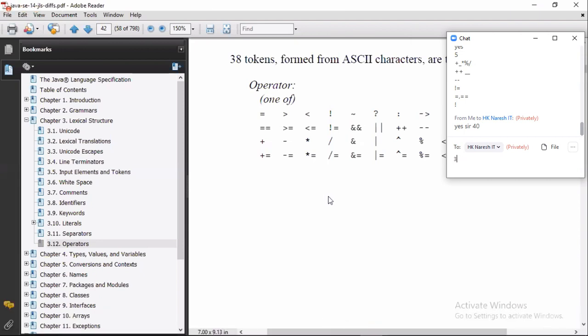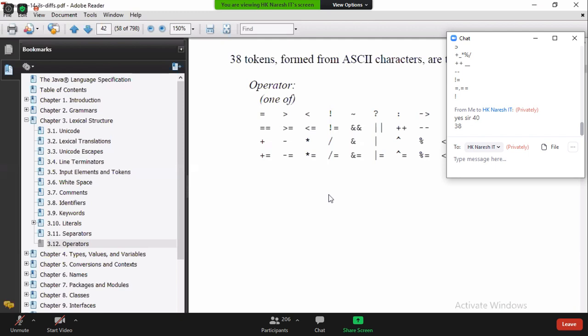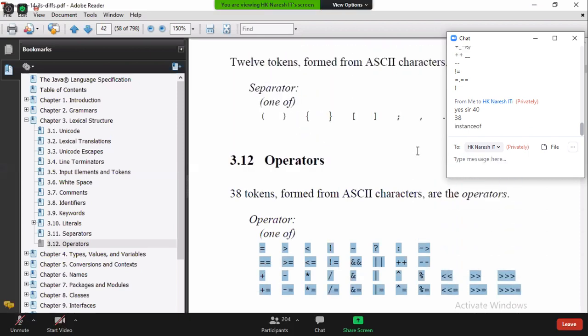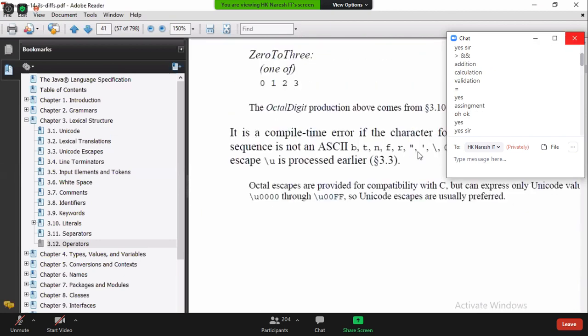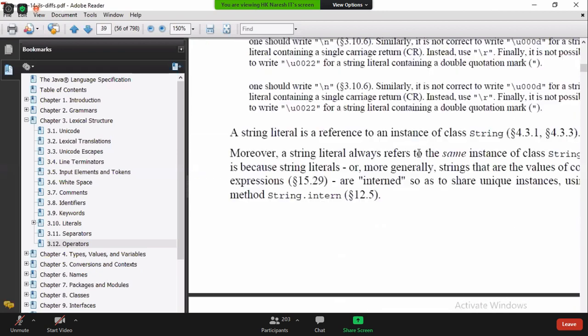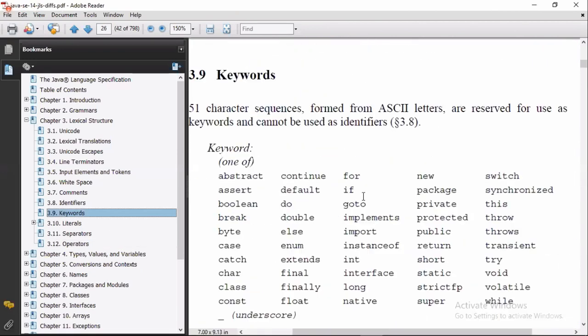What are the two? The new keyword and instanceof. Okay, they wanted to mention only symbols in the operators list. New and instanceof they have given under keywords. Under the keyword section they have given that.